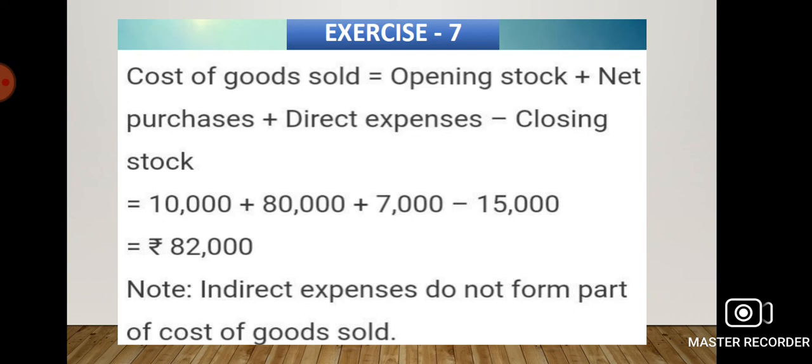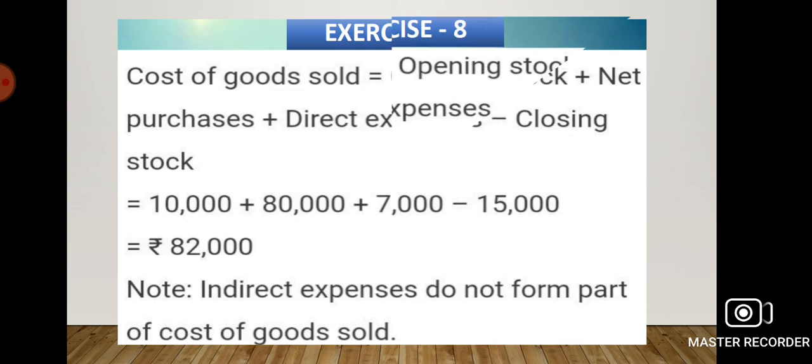Indirect expenses do not form part of cost of goods sold. Only direct expenses come in this part. Opening stock 10,000 plus net purchases 80,000 plus direct expenses 7,000 minus closing stock 15,000. We get rupees 82,000. This value is known as the cost of goods sold value.